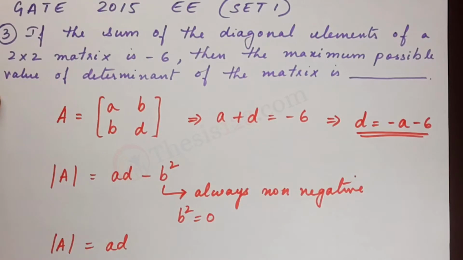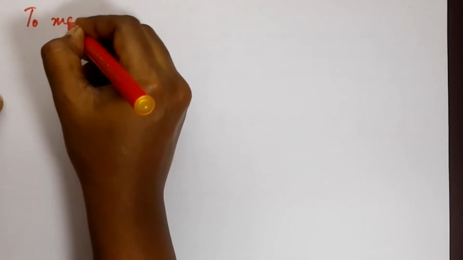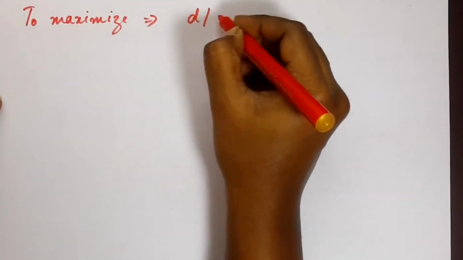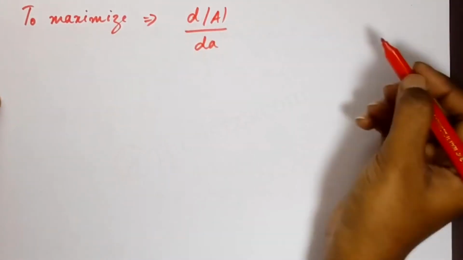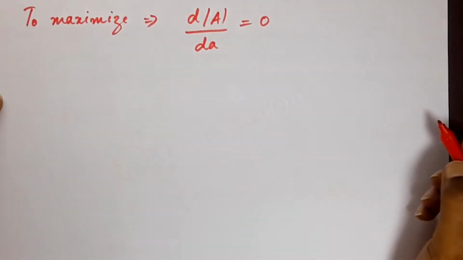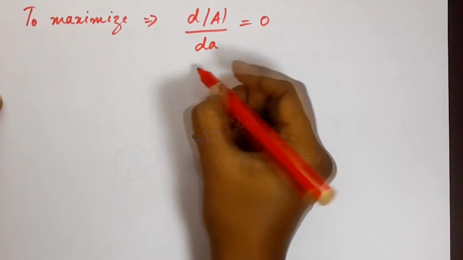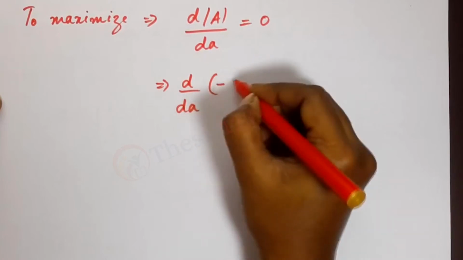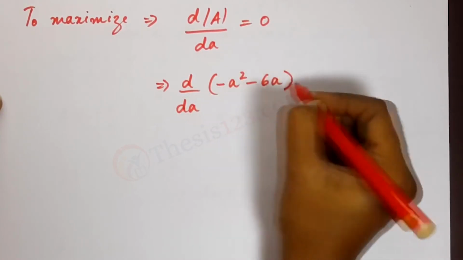Now in order to maximize the determinant, we would have to differentiate. In order to maximize, d det A by dA is equal to 0. This is quite important, which means d by dA of minus A square minus 6A.